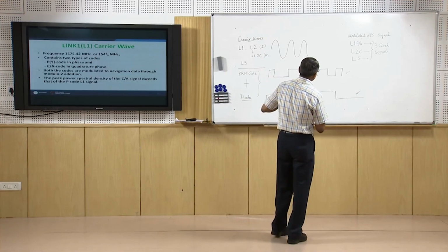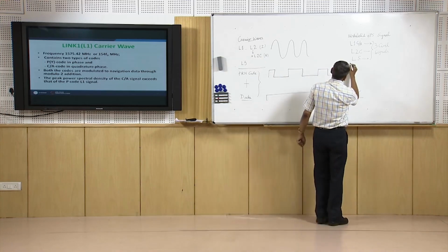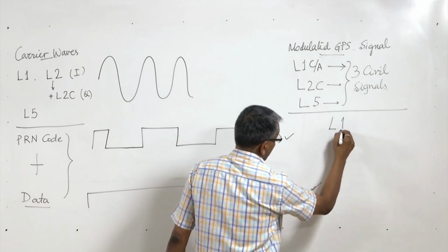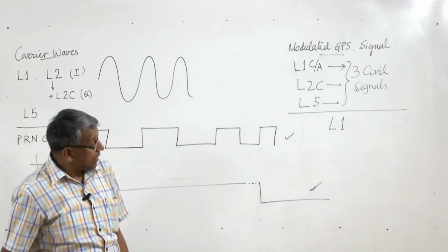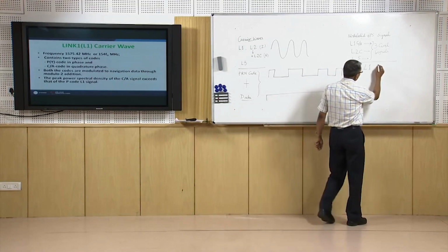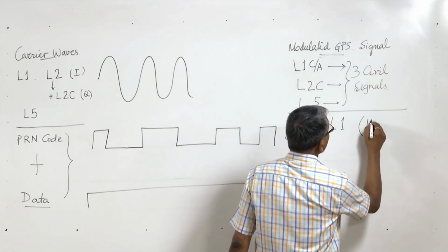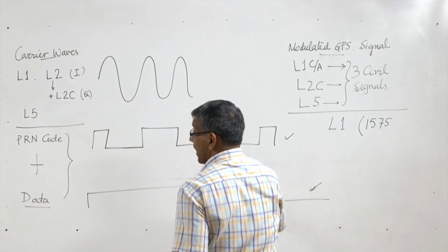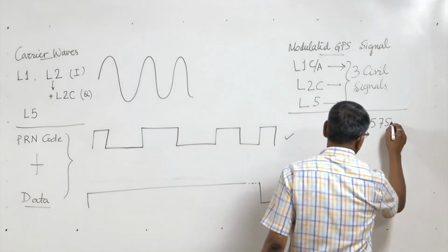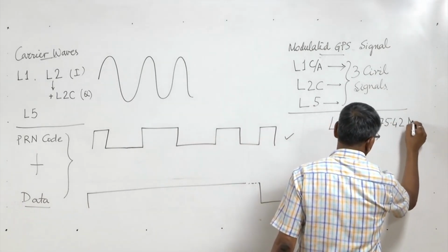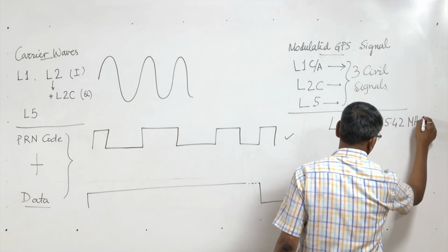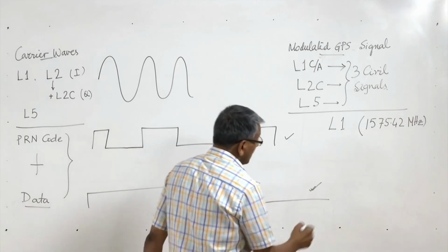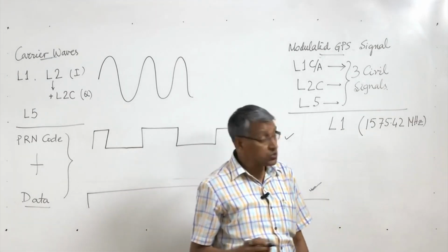Now let us discuss these civil carrier waves. First it is L1. Now the L1 signal has a frequency of 1575.42 megahertz. This signal contains two types of codes.